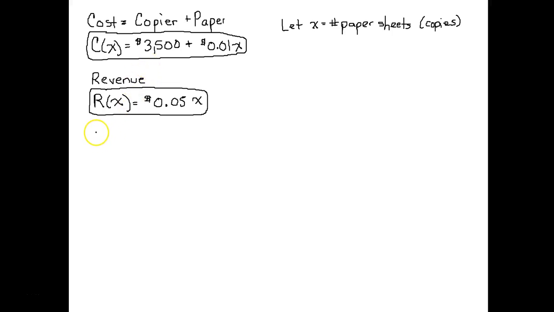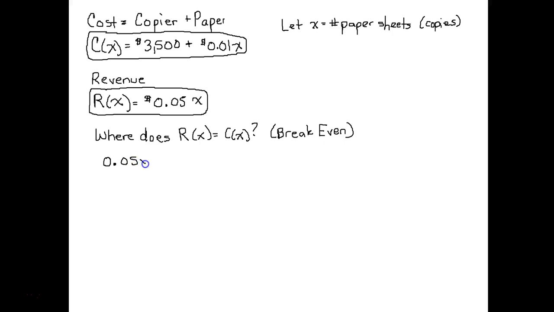So this problem wanted us to figure out, where does he break even? Where does R of X equal C of X? Where does revenue equal cost? So we take the revenue function, 0.05x, set that equal to the cost function, 3,500 plus 0.01x, and then solve for x.